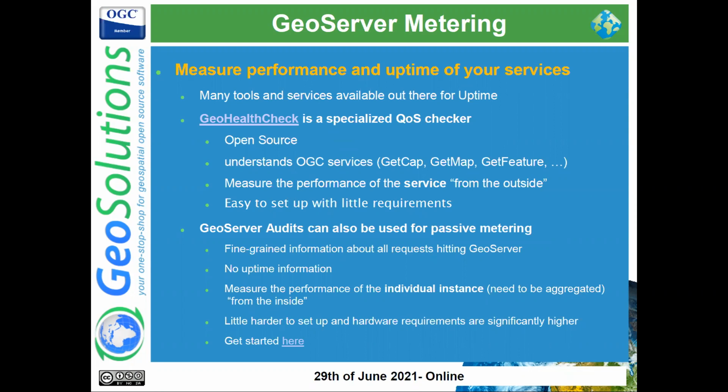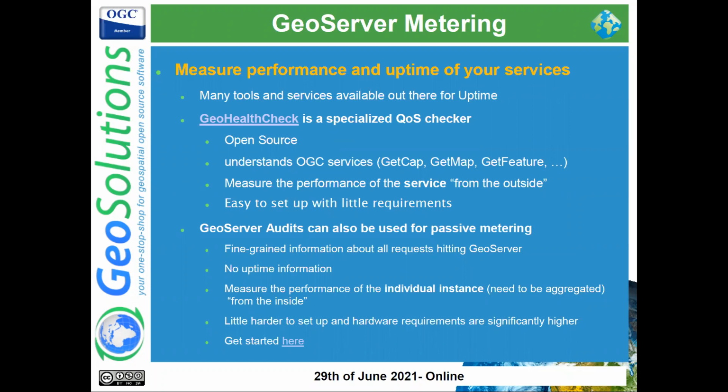This is an example of external metering of the application. So we're looking at the GeoServer service or cluster from the outside, not from the inside of the infrastructure. Then with the GeoServer audit files that I was explaining in the previous slides, we can have some information coming directly from GeoServer from within the infrastructure. This is quite different.